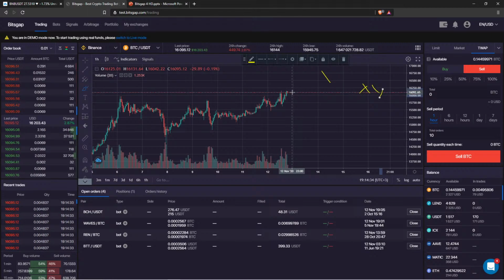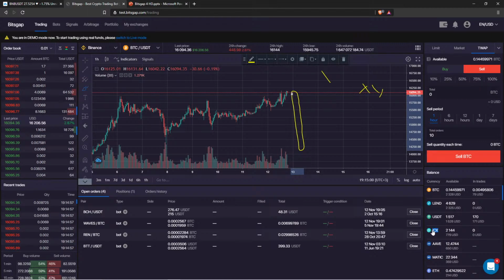So you don't want to see the candle moving like this as you sell all in one trade. You actually want a smooth trading. You don't want this crazy move downwards. You want to have your average sell price as high as possible. So that's why you can use the TVAP.